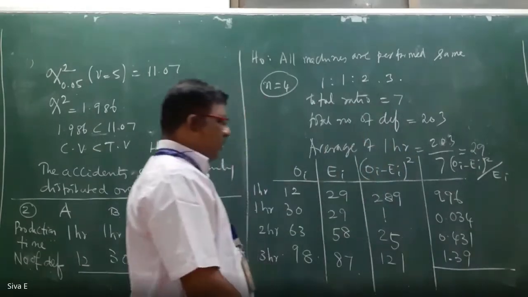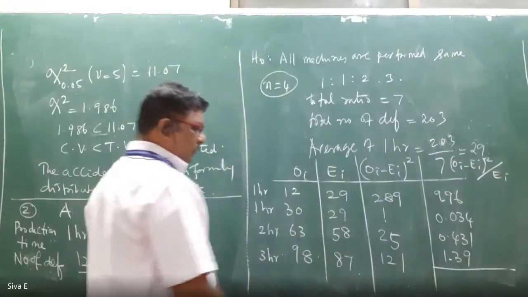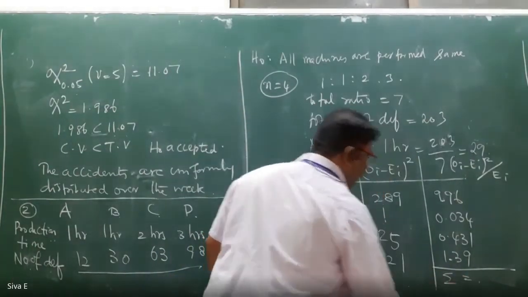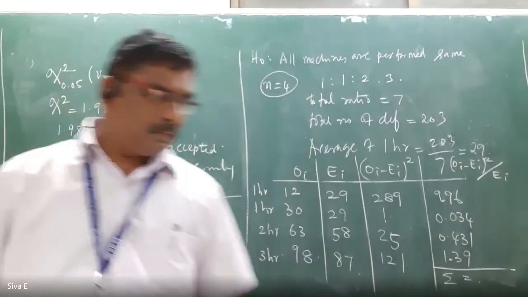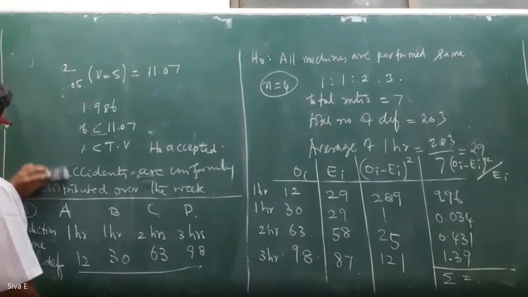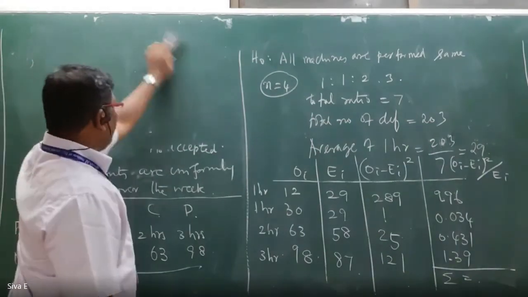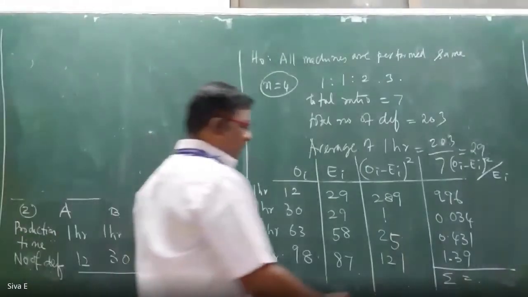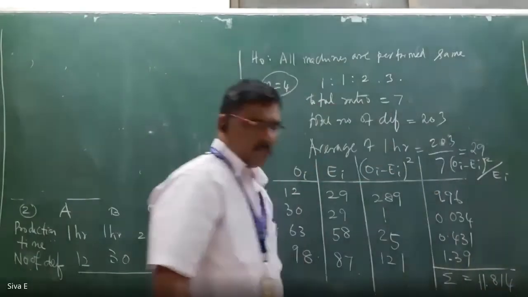Adding all the values, summation equal to what? 11.814.